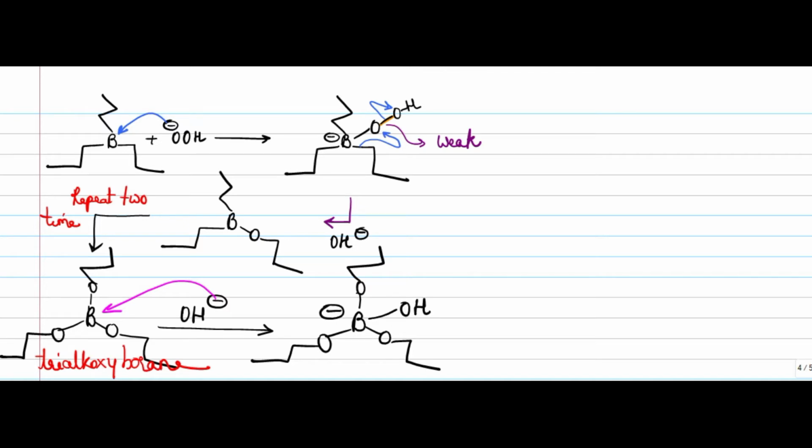And now what happens is this would move out. So as soon as this comes in, this moves out, and we find B-OH plus RO minus.